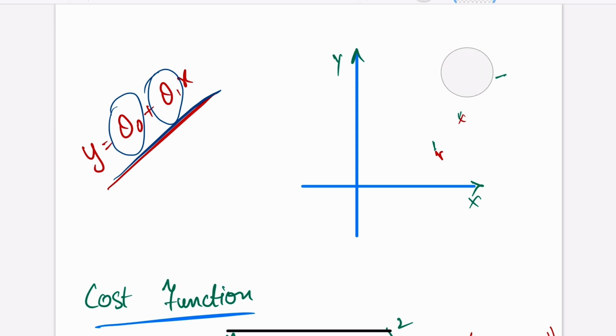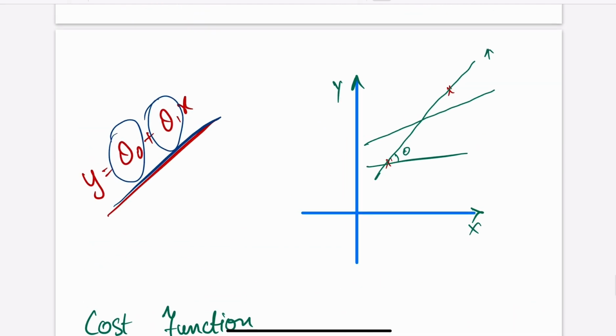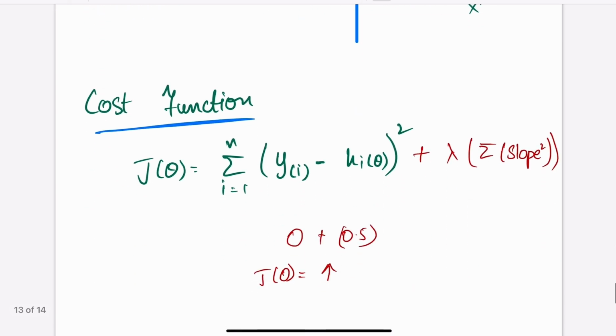Instead of this, we'll be getting something like this. So theta is nothing but slope, right? This is slope. So the theta here is plus slope square.